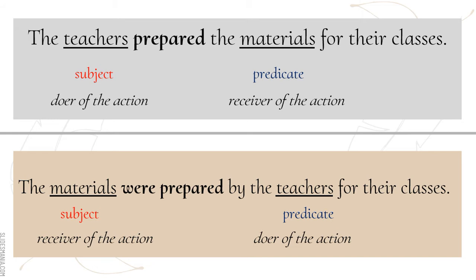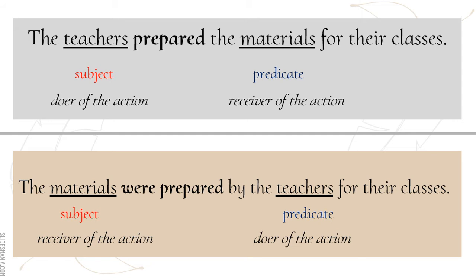The doer of the action is the predicate, which is preceded by the preposition by. So as you can see, there is a change when it comes to the subject and the predicate. They change positions.